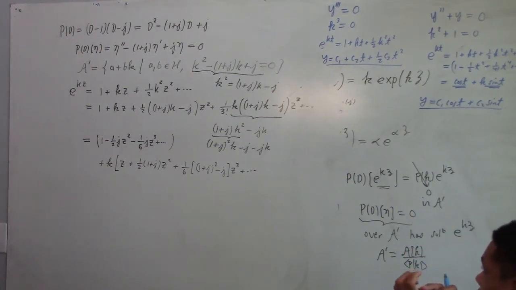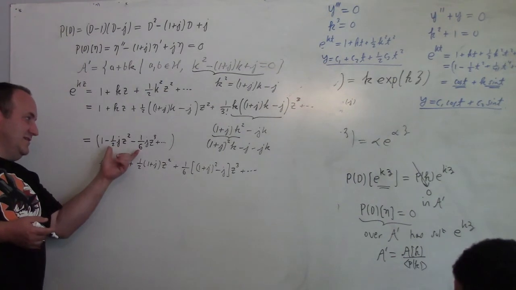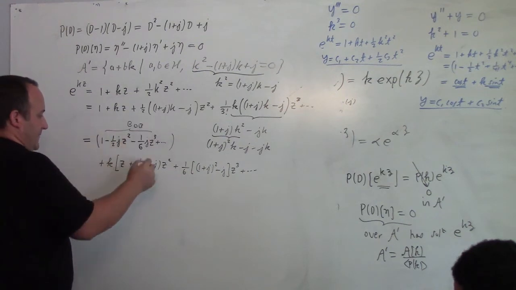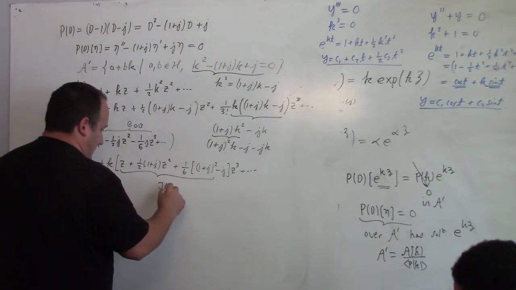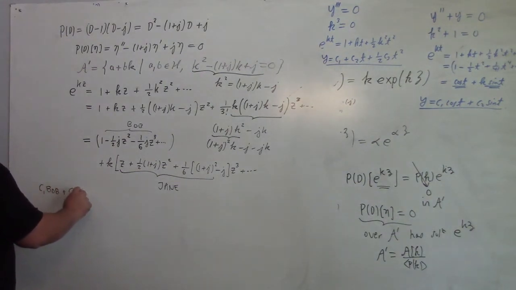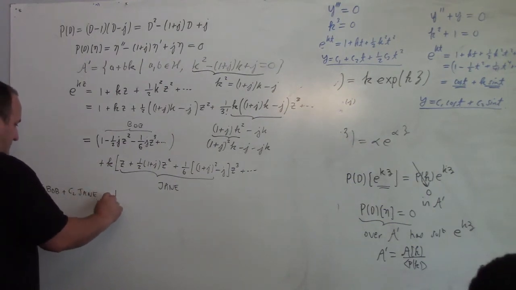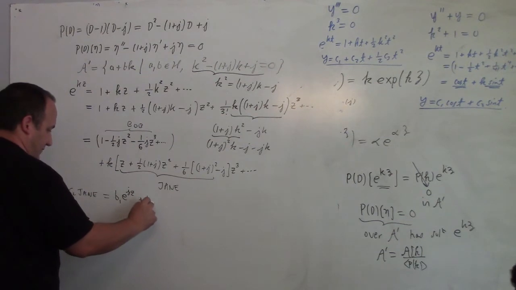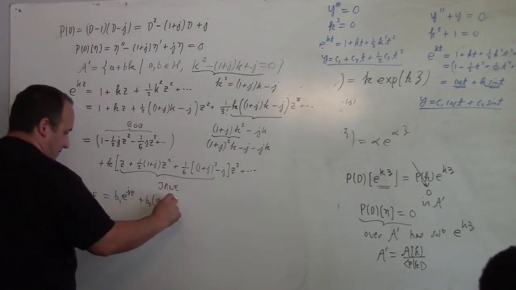So, great. Now, if you go back and look at example 5.8 and you tilt your head and squint, you might be able to convince yourself that there's a way to take, if I call this thing Bob and if I call this thing Jane, then there's probably a way to take C1 Bob plus C2 Jane and select other constants, B1 e to the jz plus B2 z e to the jz plus funny function.